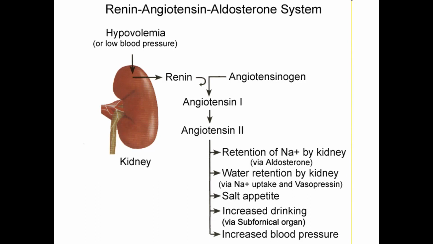You need to have more salt. You feel like eating something salty. And then, having done that, you feel like increasing your water intake. And all that together will increase your blood pressure. Okay, that's all really nice and good. But what happens if your blood pressure is too high?